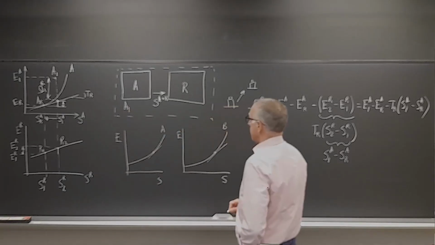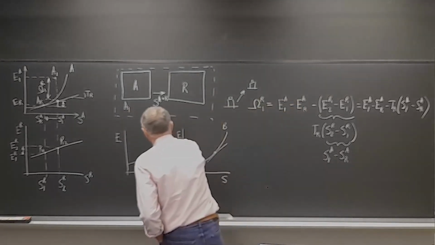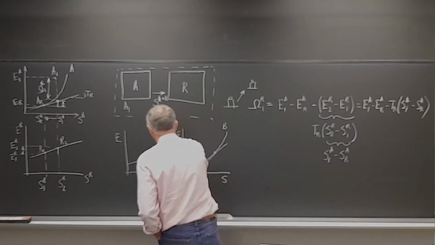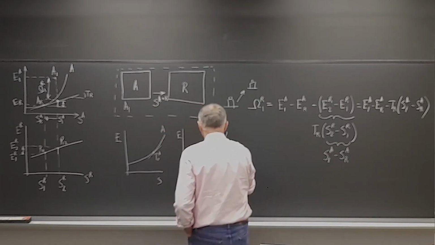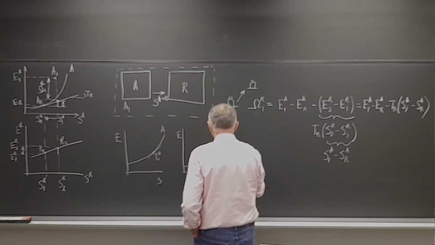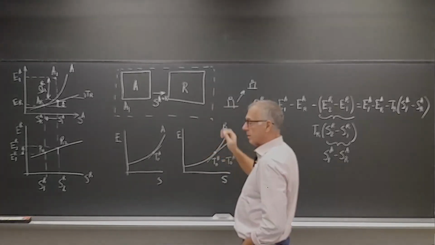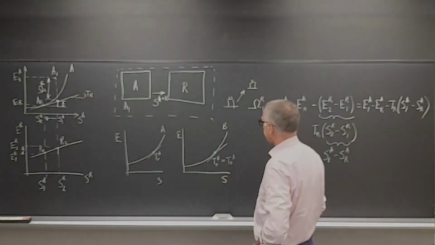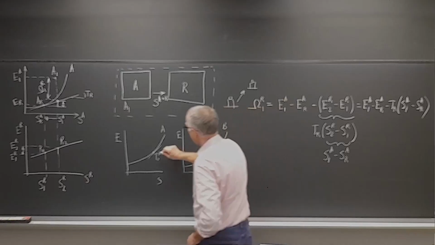All right. So let's say that this is temperature T0 of system A, and this is temperature T0 of system B. And we want to prove, so I'll build it in already in this construction, that the two temperatures must be equal.